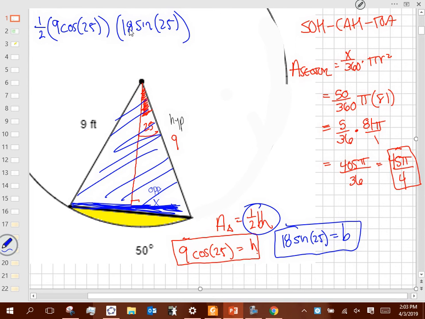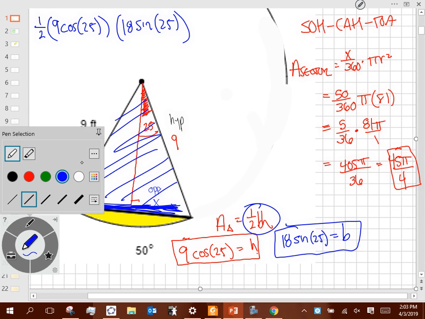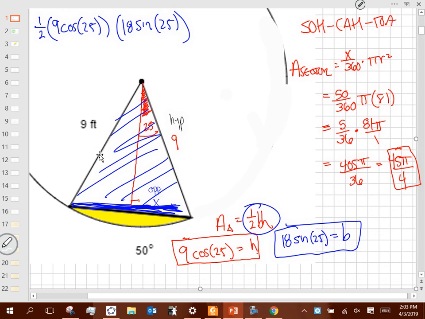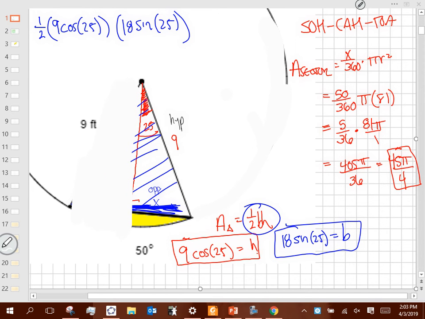How did I get to 18? Because to find the area of that blue triangle, I first need to figure out what that x is, right? Okay? And that's going to use the sine. So that's the sine of 25 is equal to x over 9.